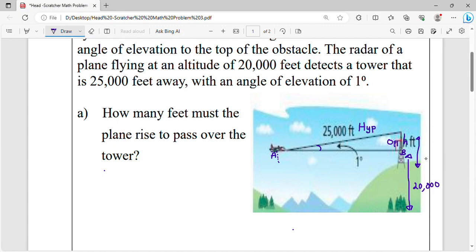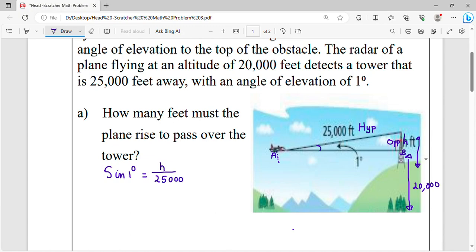Now, the trigonometric ratio which relates opposite to hypotenuse is sine. So I'm just going to use sine 1 degree, which is equal to the opposite side, denoted by h, over the hypotenuse, 25,000.